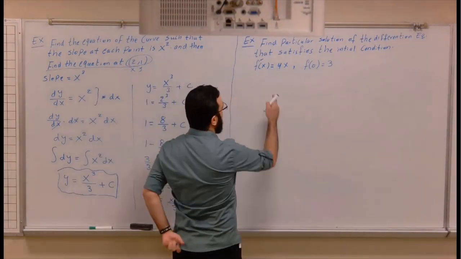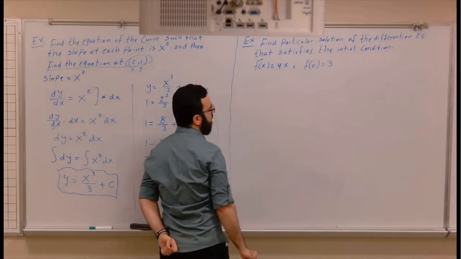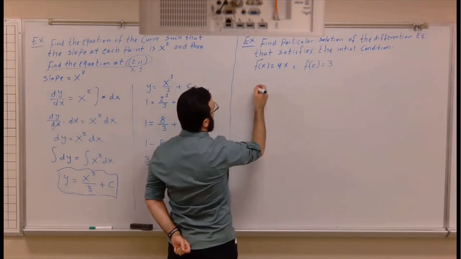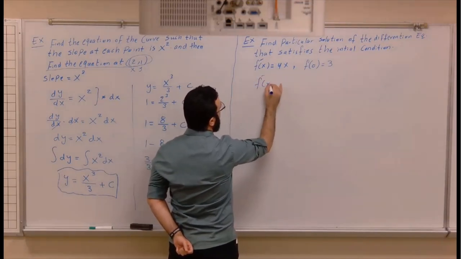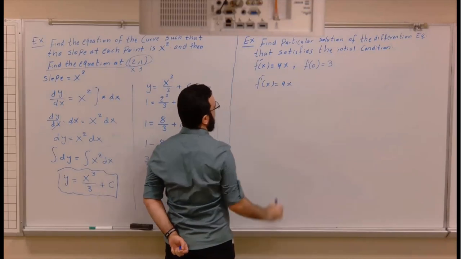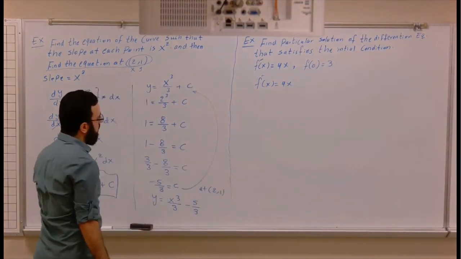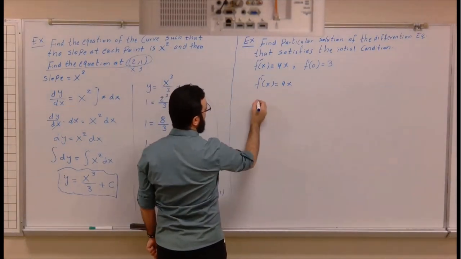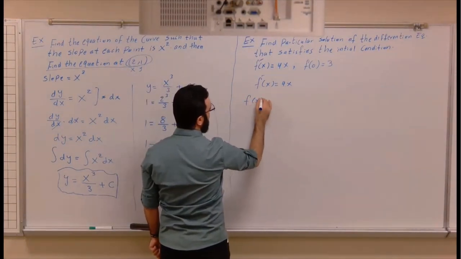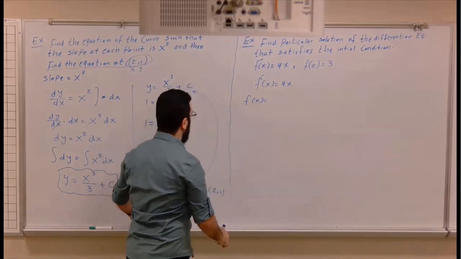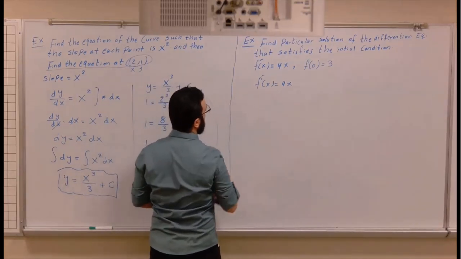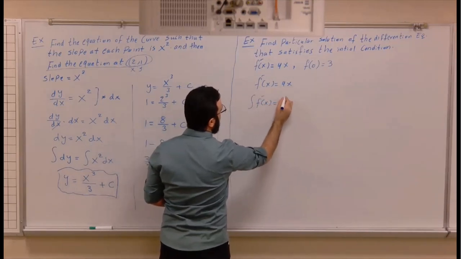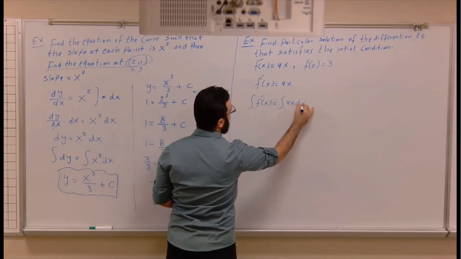So I'm going to start with this one to find the original function. I'm going to say f prime of x equals 4x. That means I'm going to take the integral of 4x. To find f of x, I'll take the integral of both sides: the integral of f prime of x equals the integral of 4x dx.